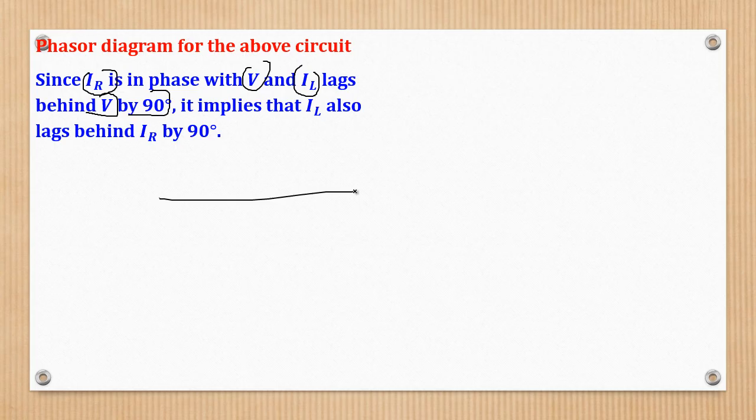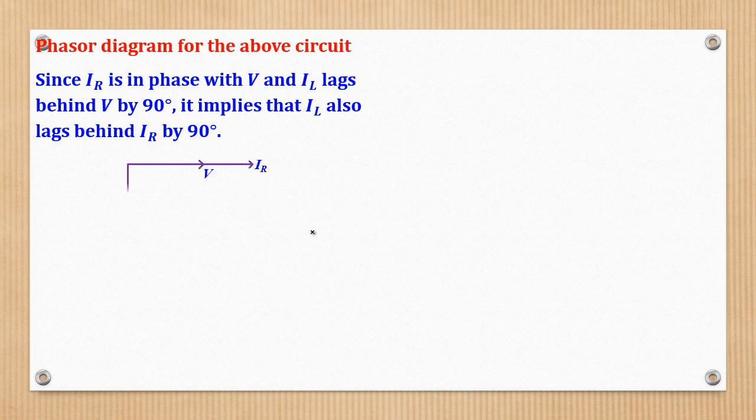So if the voltage is here, current will be down for the inductor here, because it has to lag behind the voltage. But the current through the resistor is in phase, so it is to be here like that. That means that the phasor diagram will be in that form, where that is I_R, that is V, and this is I_L, meaning that we can get the resultant current.